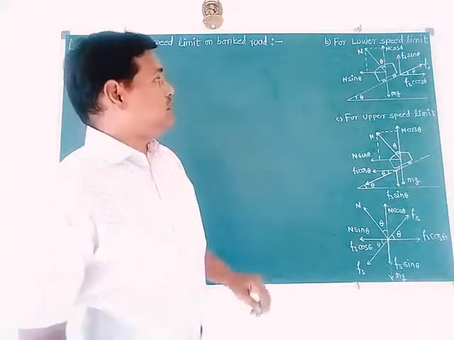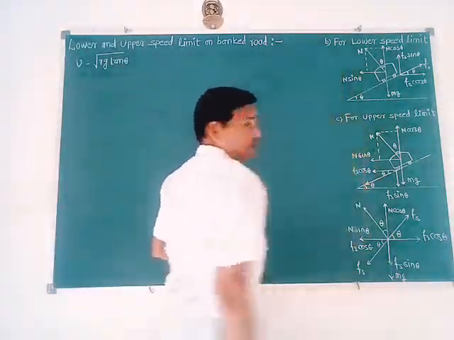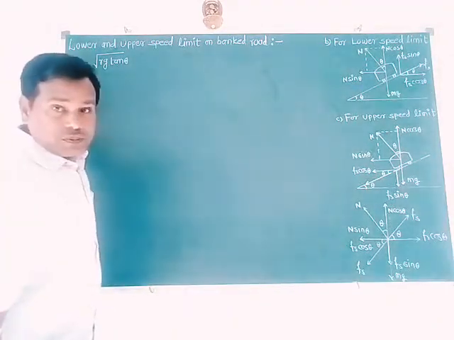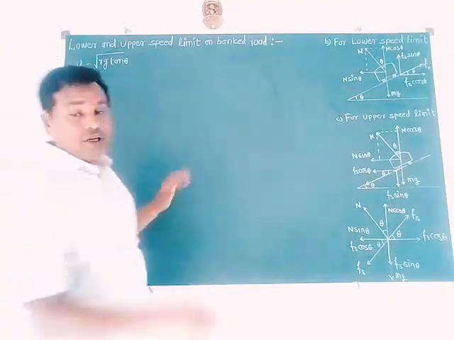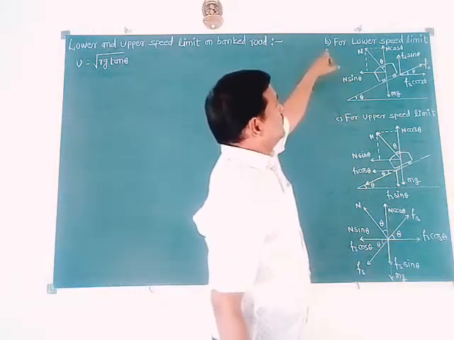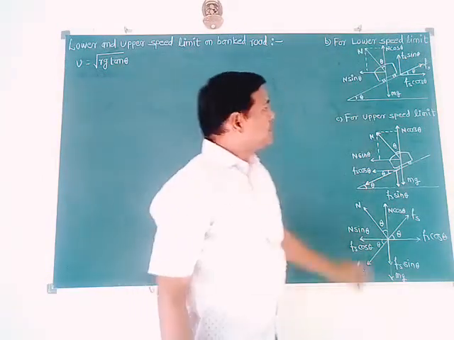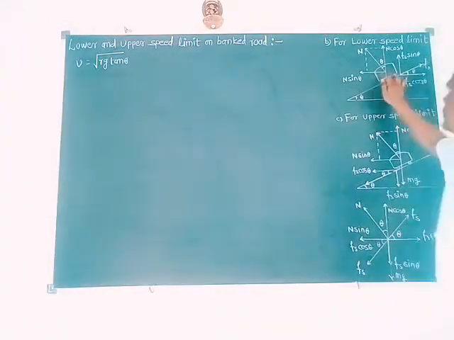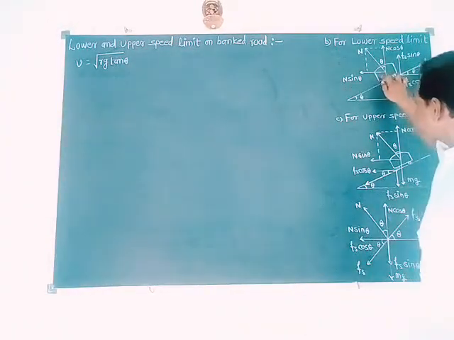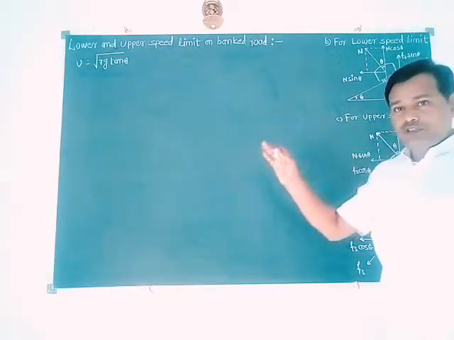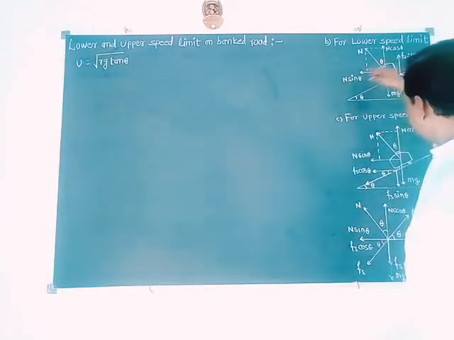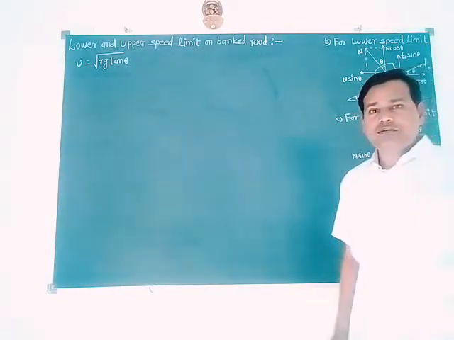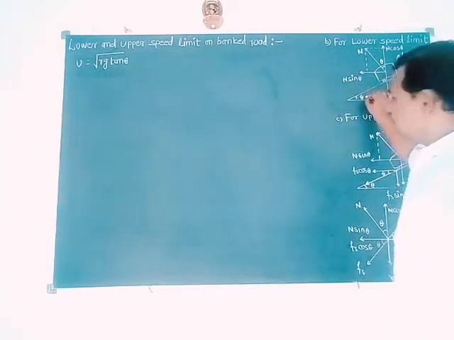There are two parts. The first part was the most safe speed that we obtained in the last lecture. Now for the lower speed limit, the same figure: again, the vehicle of mass m is moving with velocity v on the banked road of radius r, banked at an angle theta.